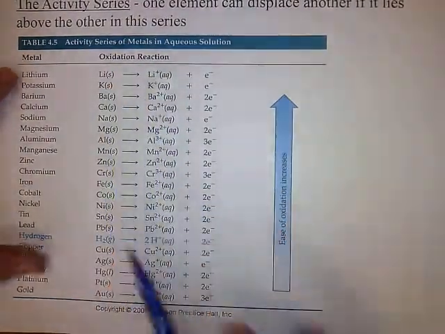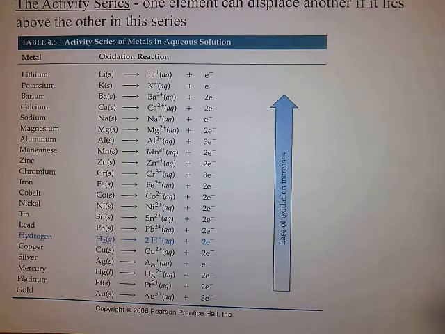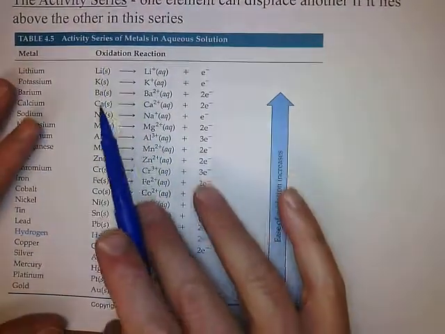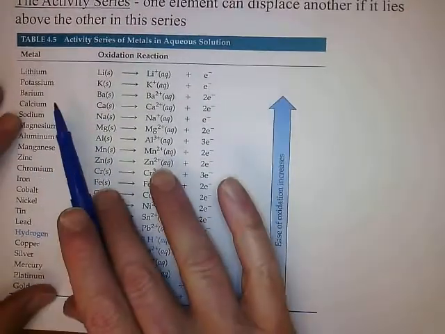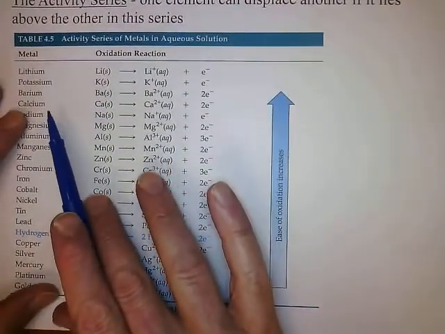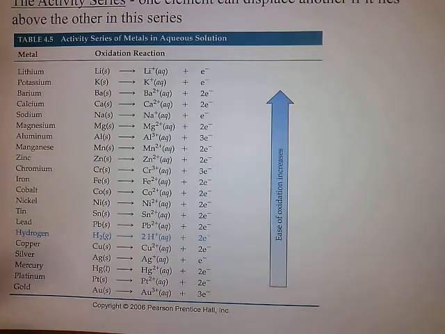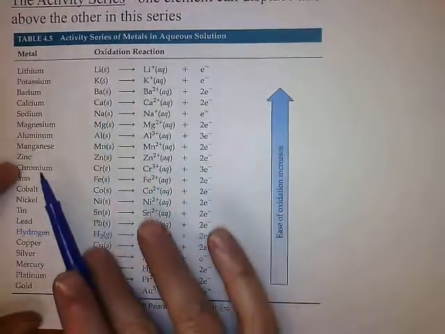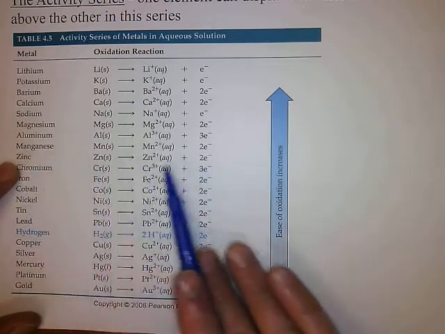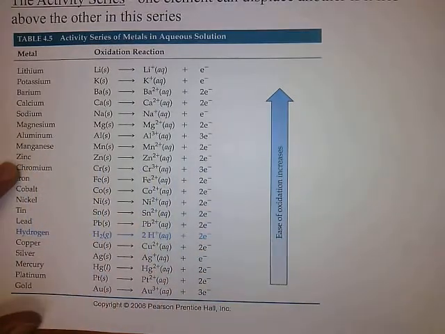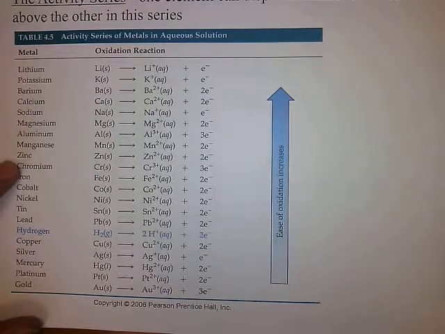Okay, so what you're ranking here is the tendency to be oxidized. So the elements at the top, like lithium and potassium, and the calcium that we mentioned in a previous example, they all have a strong tendency to be oxidized. Even zinc has a fairly strong tendency to be oxidized.